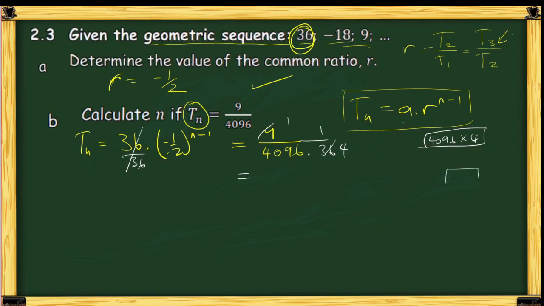The pattern looks something like this on a Casio. That should give you 1 over 2 to the power 14. Okay, so that's good for now. And then of course what we were left with on the left hand side was this, n minus 1. So using our exponent laws on the left hand side, we'll manipulate this.